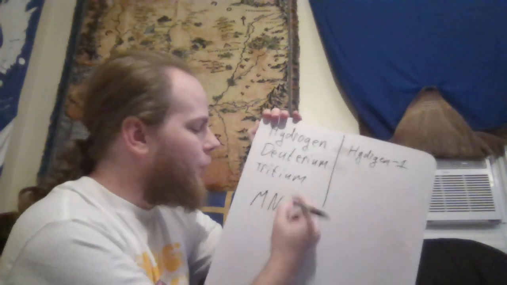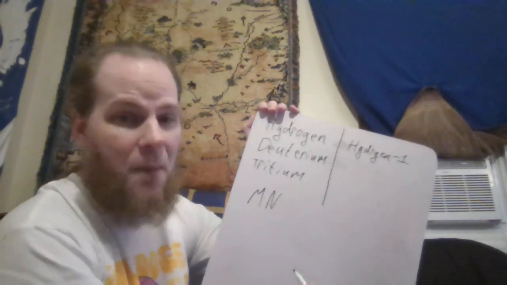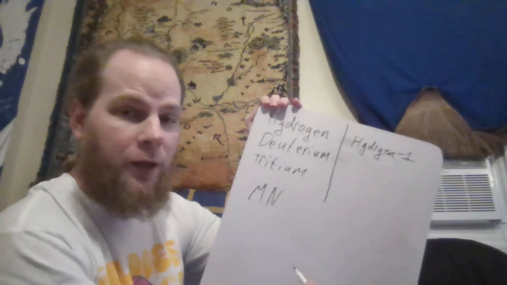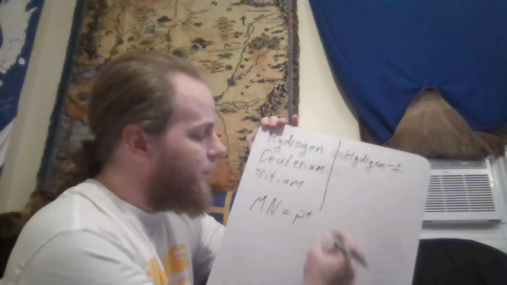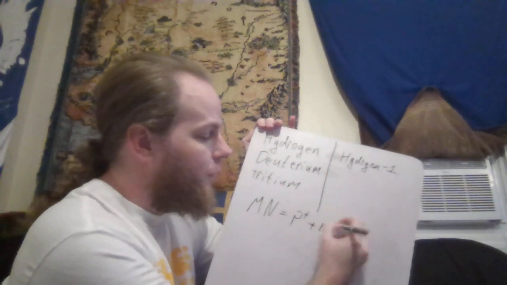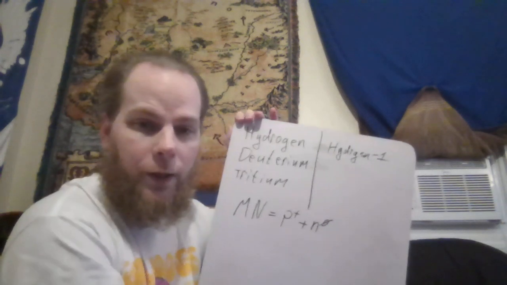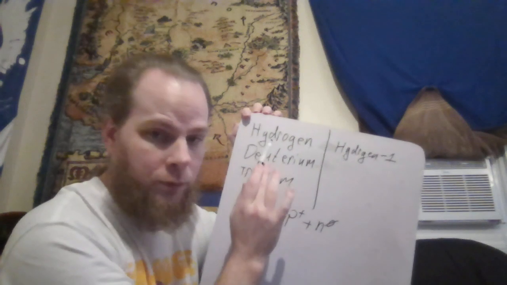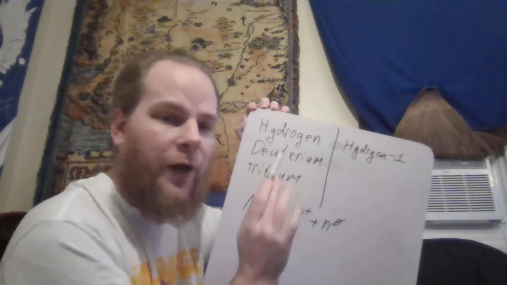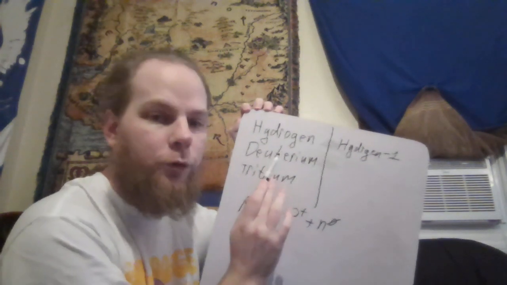The mass number, which is abbreviated MN, because I'm creative like that, is equal to the number of protons plus the number of neutrons.